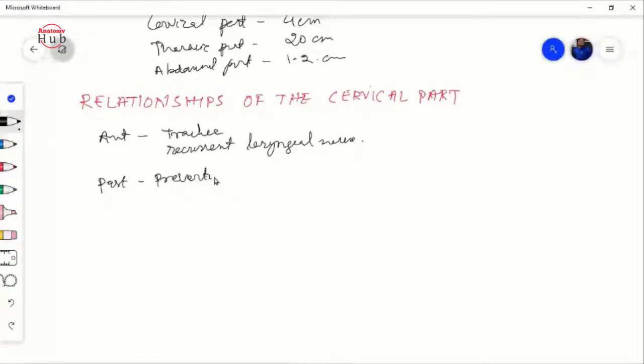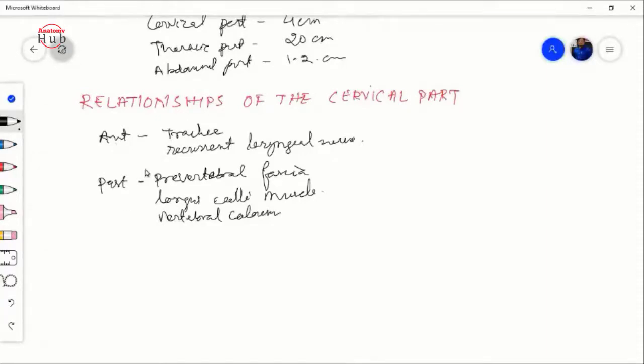Okay, prevertebral fascia. You'll find the longus colli muscle, and you will find the vertebral column. This is your posterior relation, and this is your anterior relation, at the cervical part of the esophagus.